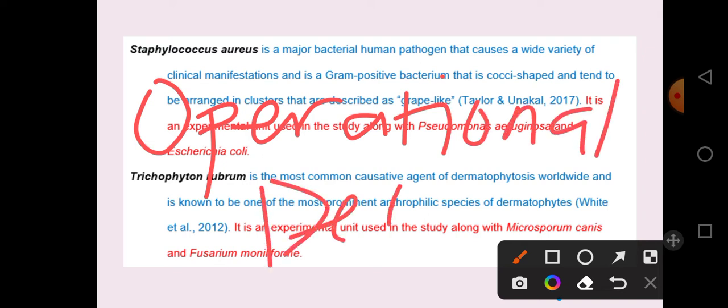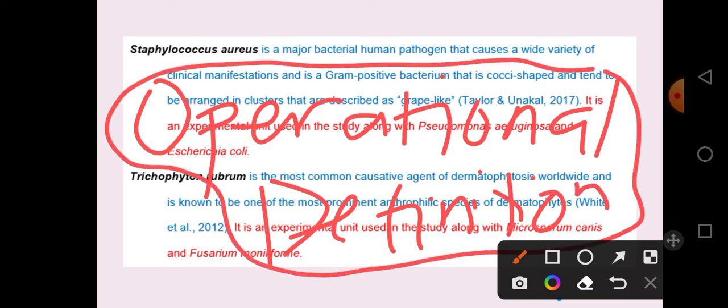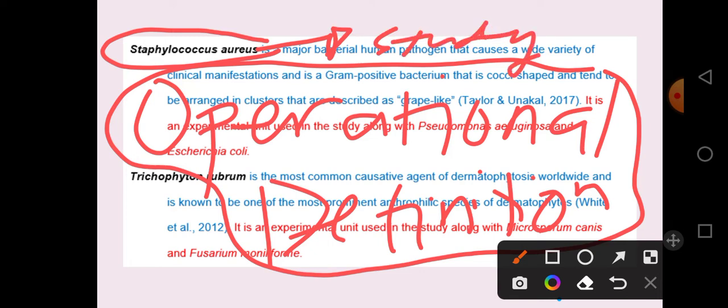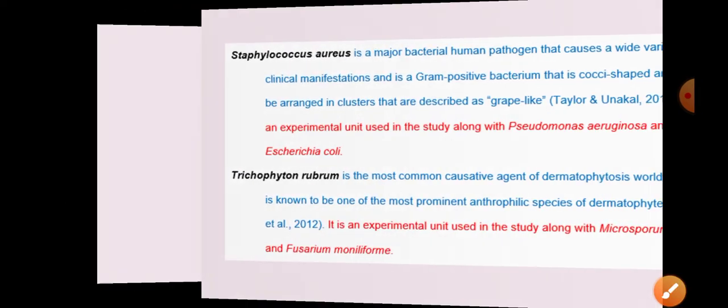Again, let me reiterate once more. Operational definition is a kind of definition whereby we describe the role of the genus in your study. And unlike conceptual definition, it does not need citations. So no citations anymore. That will be our second guideline in writing the definition of terms.